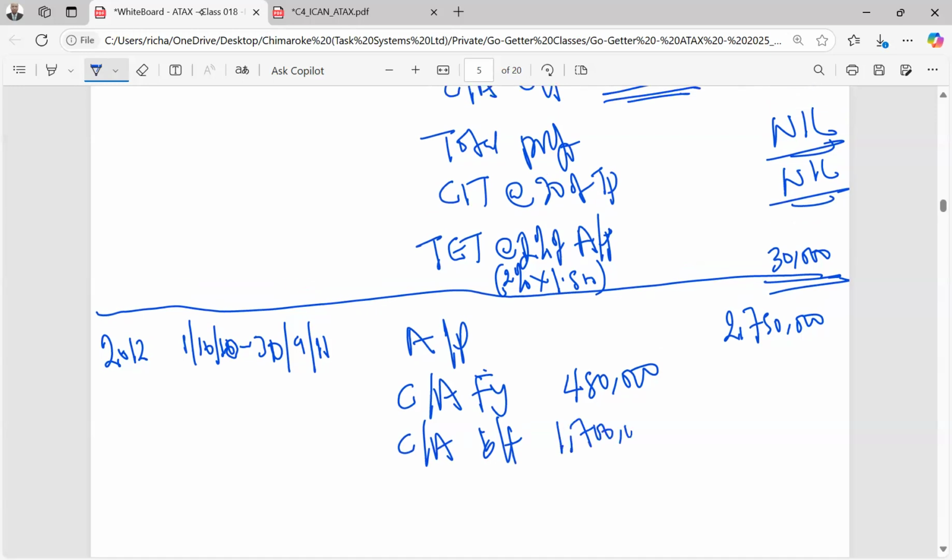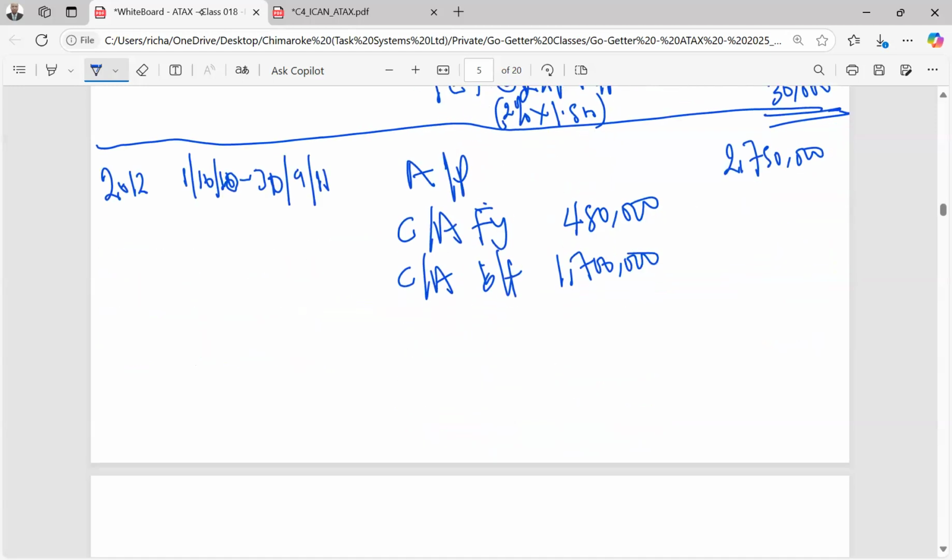Now when we add that together, it's going to give you 7 plus 1. 7 plus 4 is 11. So it's going to give us 2,180,000. So that's going to give your capital allowance due.